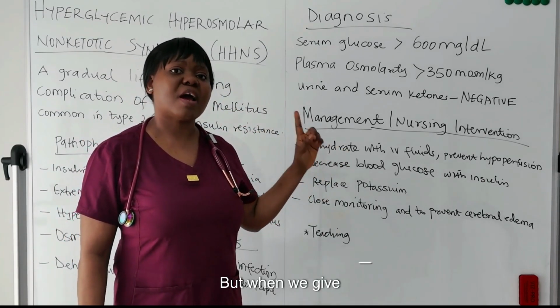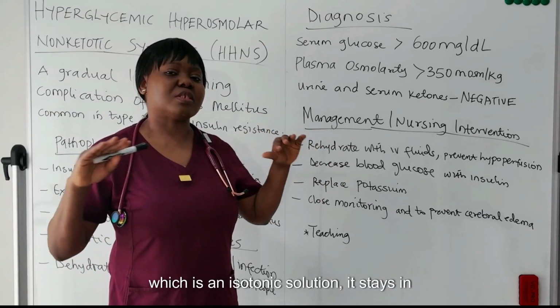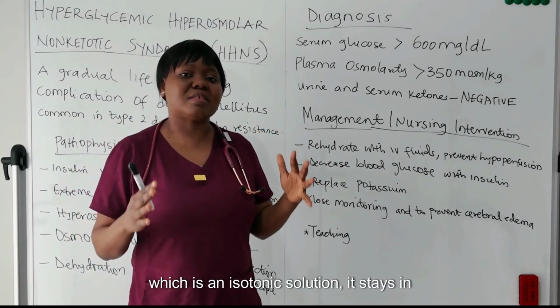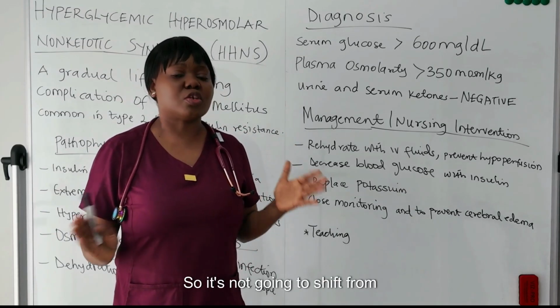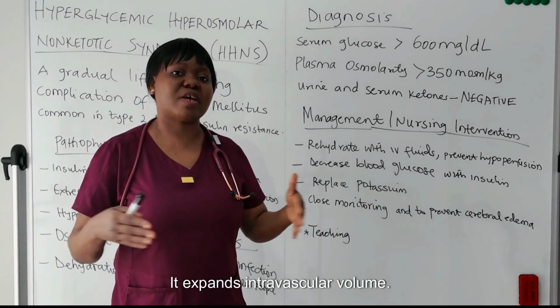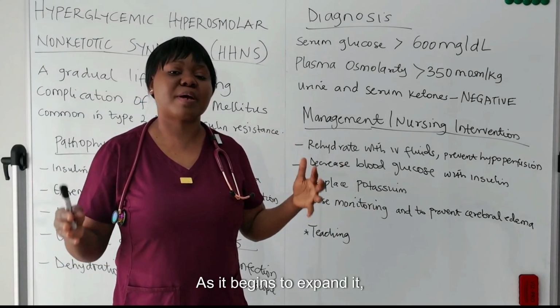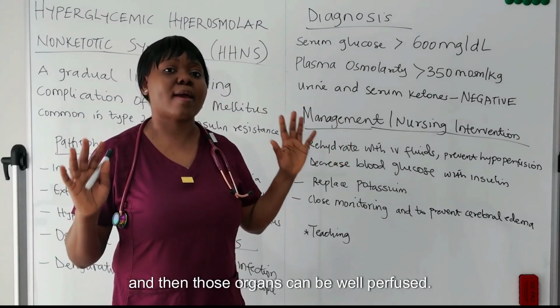But when we give IV fluids like normal saline, which is an isotonic solution, it stays in the intravascular space, which is where we want it to be. It's not going to shift from intracellular to extracellular. No, it expands intravascular volume. As it expands, the blood volume increases, and then those organs can be well perfused.